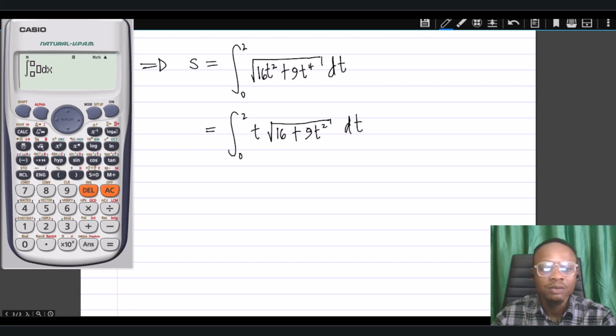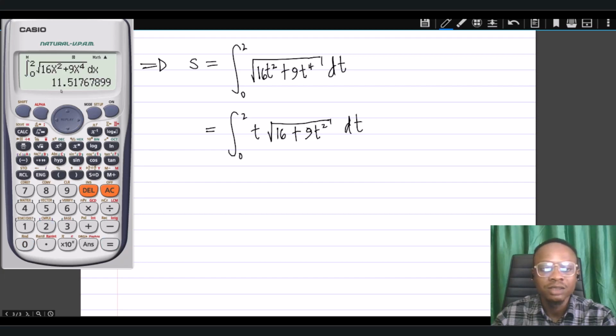That will be the root of 16x squared plus 9x to the power of 4. Then that's all we have there. So put the limit to have this to be 0 and this to be 2. Let's see if our calculator can sort this for us.